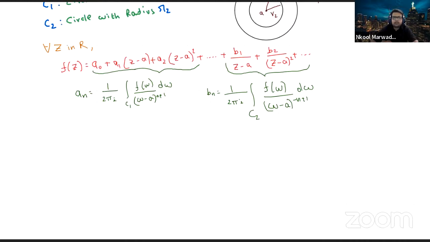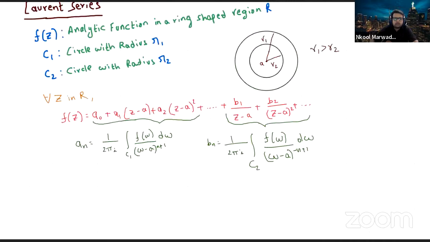And here this C1 is circle one. I will mention it. The bigger circle I am calling circle one, and the smaller circle I am calling circle two. And we sweep this area in the anti-clockwise direction.